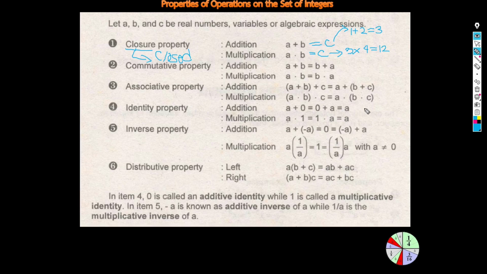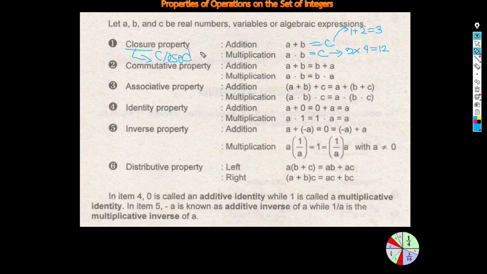So mom plus dad is equal to a baby. Another number, another person. And then for multiplication, when your mom and your dad also multiply together, it will give you another person, another baby, right?